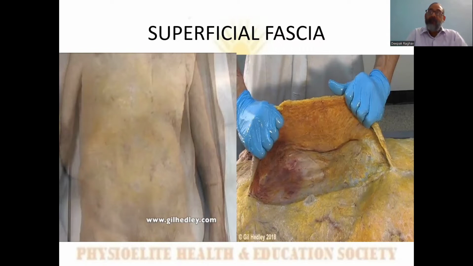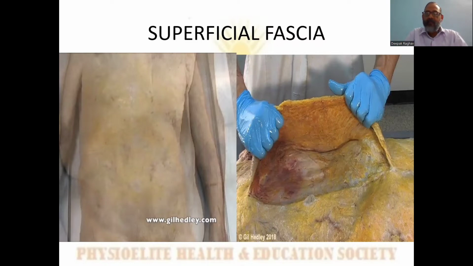It is made up of loose areolar connective tissue. In some areas this superficial fascia is thick, and in some areas it is thin. For example, in the leg area it is thin, and in the belly, glute or breast area it is thicker. The arteries, veins and nerves are all present within the superficial fascia.